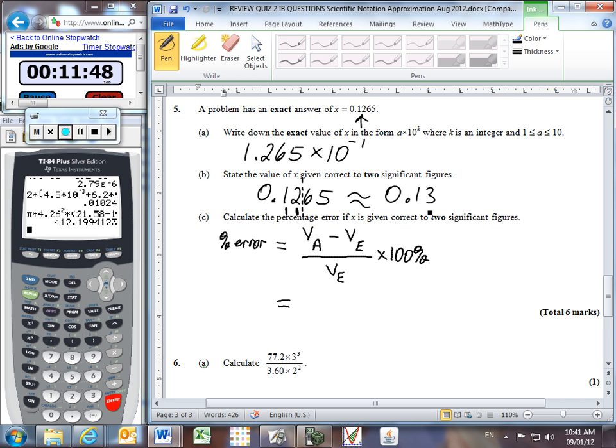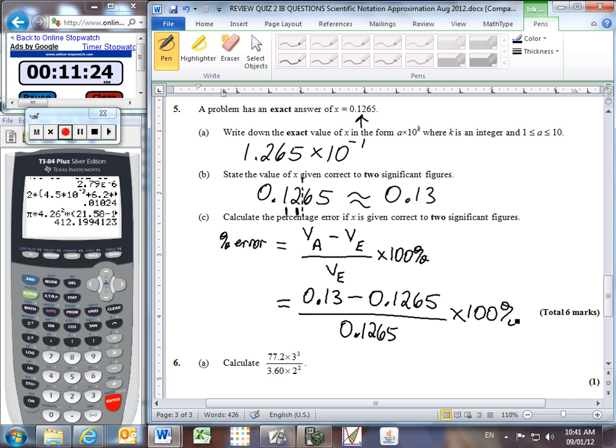This was our rounded amount, its approximation. So 0.13. And let's now subtract the exact value of x, which is 0.1265. And then we'll divide this by the exact value, which is 0.1265, and multiply by 100%.